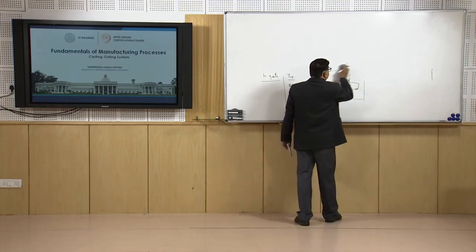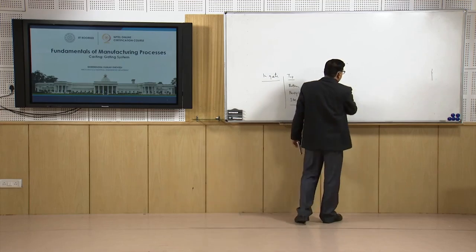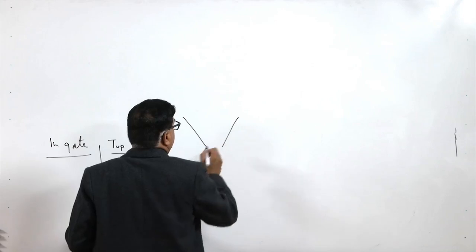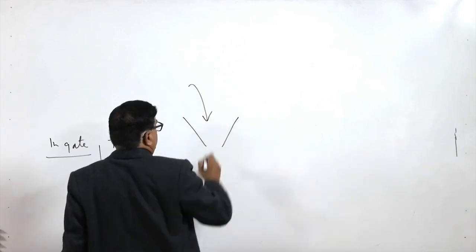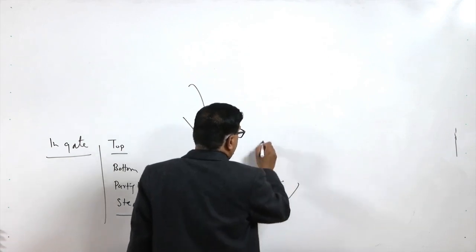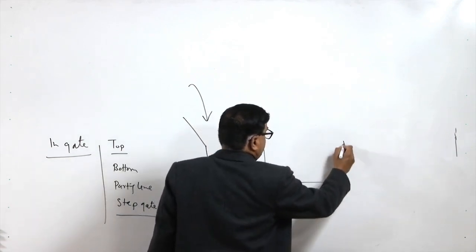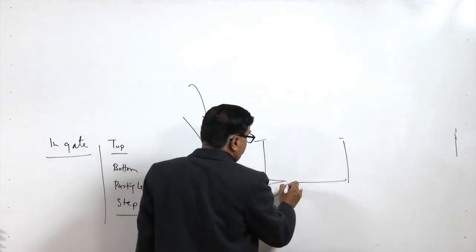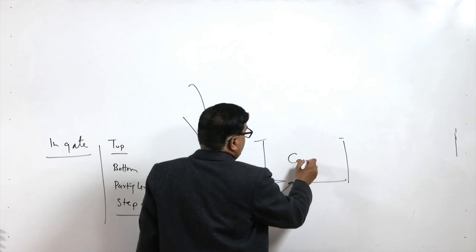To overcome these issues, bottom gating systems are used, where the feeding is done from the ladle to the pouring basin, then molten metal is brought to the bottom of the mold cavity, and here we have the mold cavity like this. So, in this case the molten metal enters from the bottom side of the cavity.